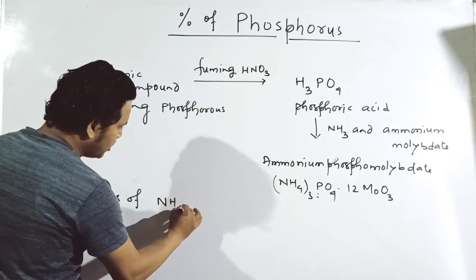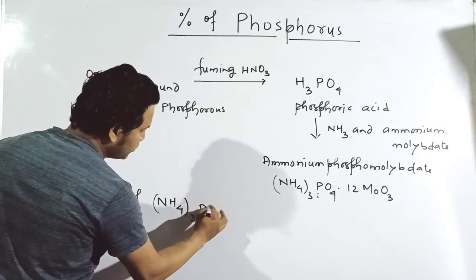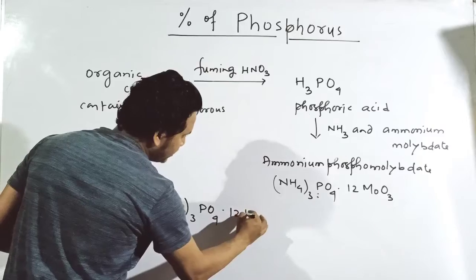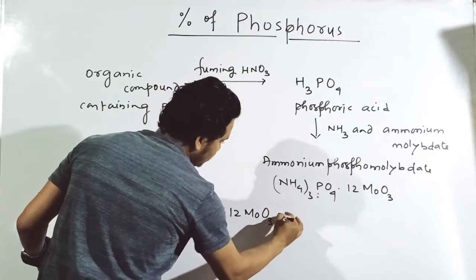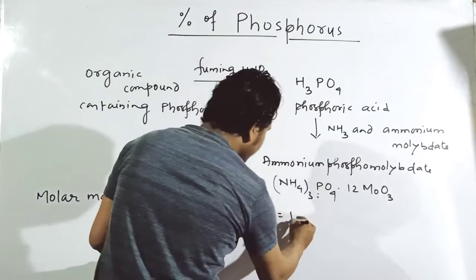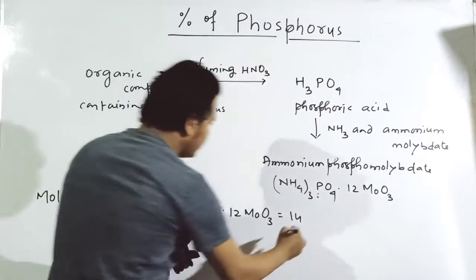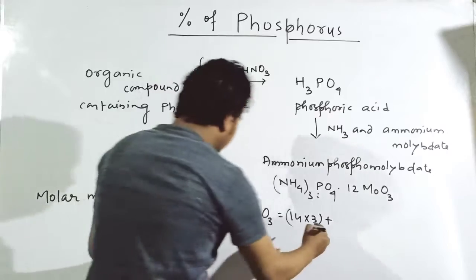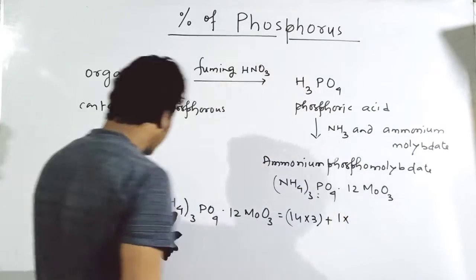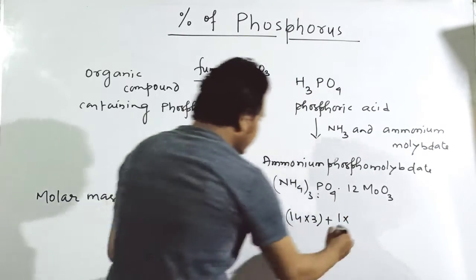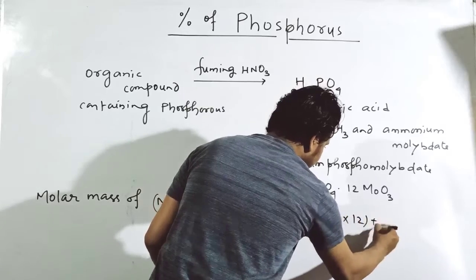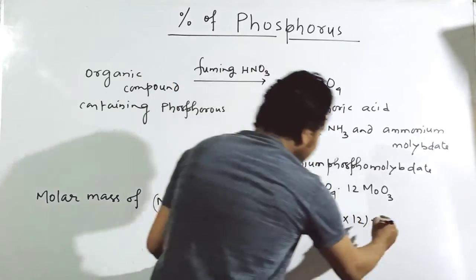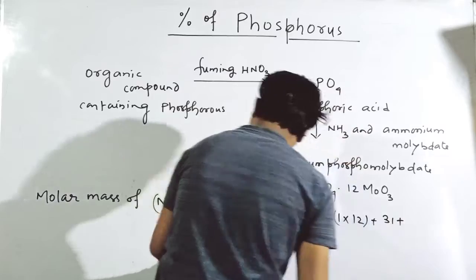So what will be the molar mass of ammonium phosphomolybdate? Nitrogen has mass 14, 3 times, plus hydrogen, mass 1, 4 times 3 is 12 times, plus phosphorus, whose mass is 31.